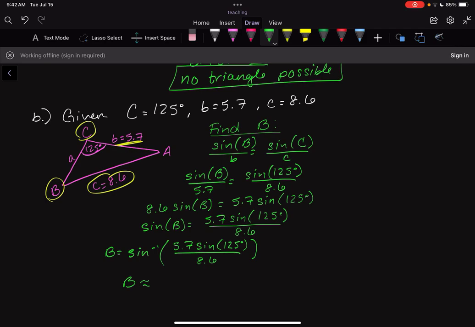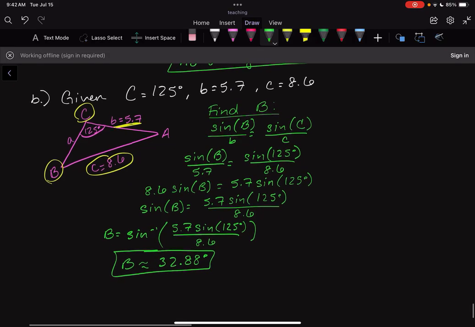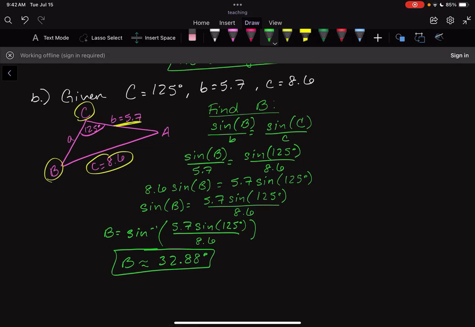This one, I got 32.88. The fact that I got an angle right there means that this is definitely not a no triangle case.